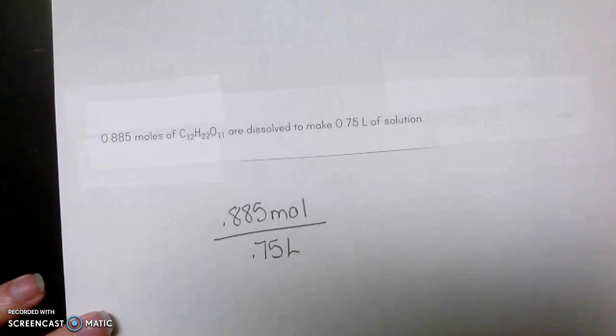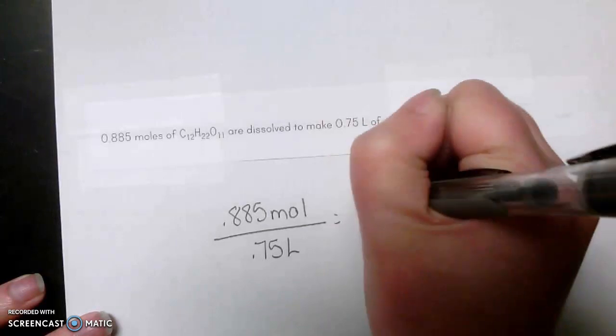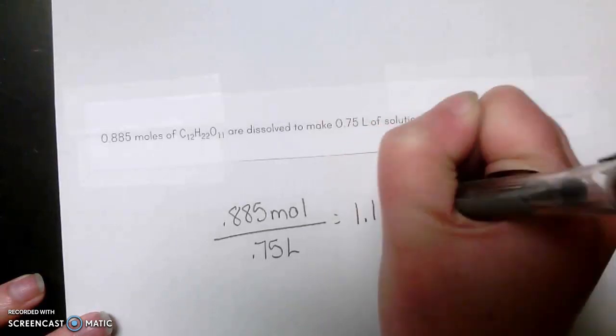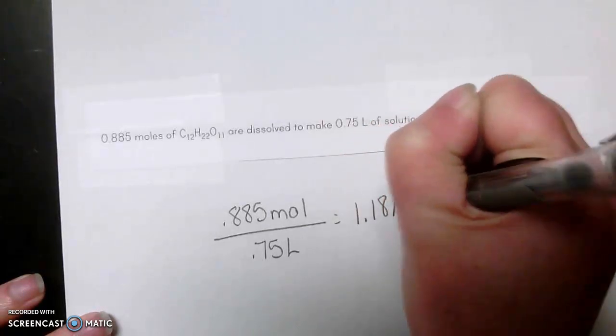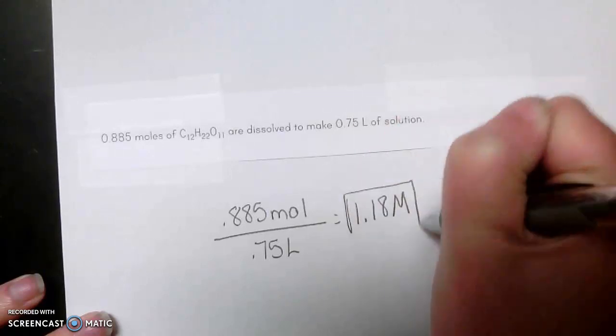I had the others worked out, but I didn't do this one, so give me a sec. Bring up my calculator. 0.885 divided by 0.75. So you end up with the 1.18 molar solution.